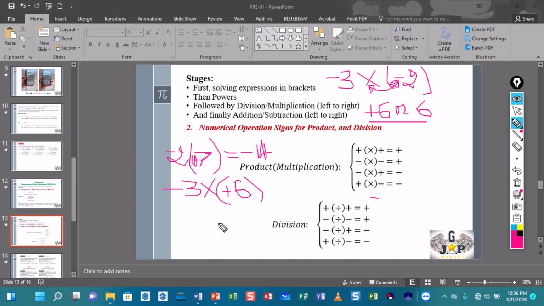So here we do the same thing. What's going to happen? We start with the signs first, right? The signs here, minus times plus, gives us minus. 3 times 6 gives us 18, right?